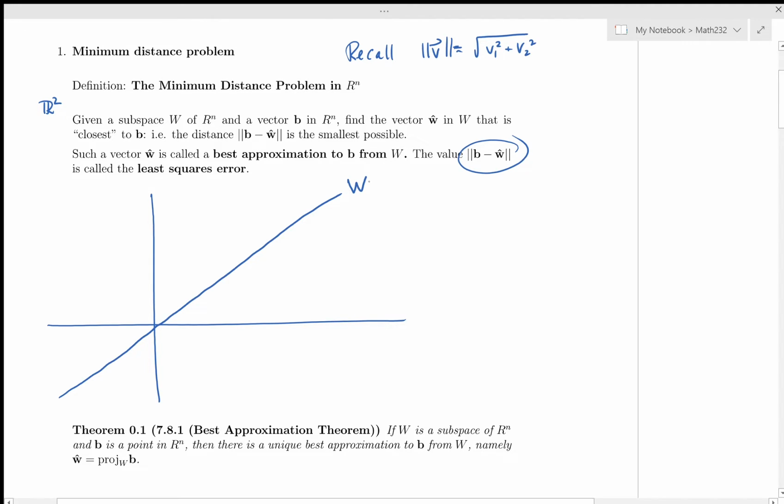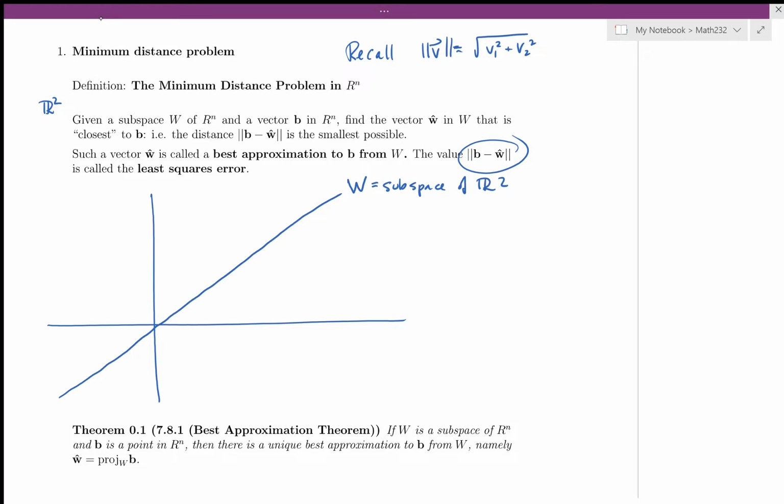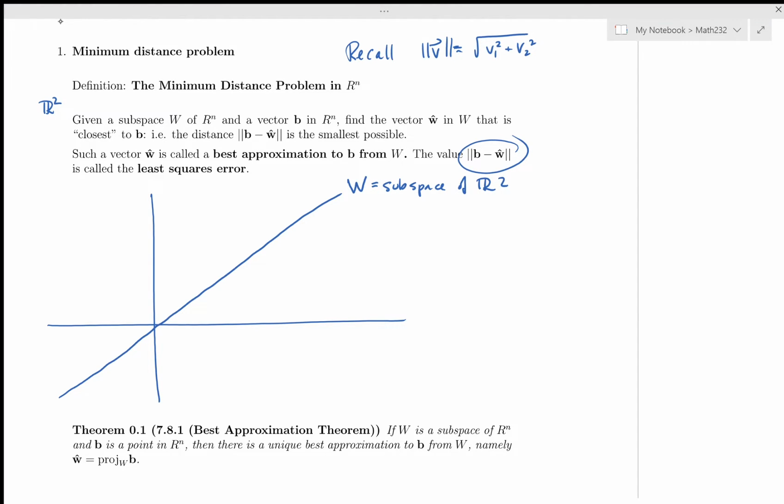Now what we do is we choose a vector B in R2. That vector can be anywhere. Here is B. Now I want to find the vector in W that is closest to B.